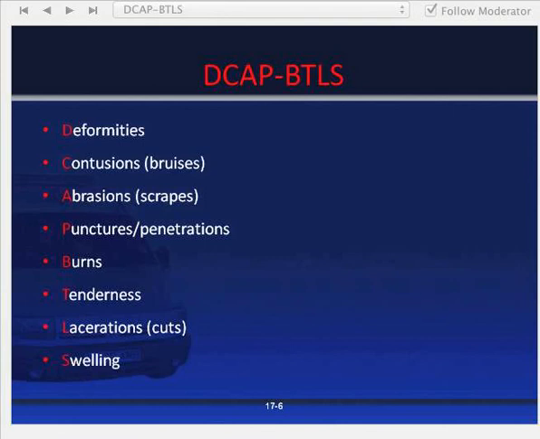The mnemonic that we utilize when performing our head-to-toe physical examination is DCAP BTLS. That is deformities, contusions, abrasions, punctures and penetrations, burns, tenderness, lacerations, and swelling.